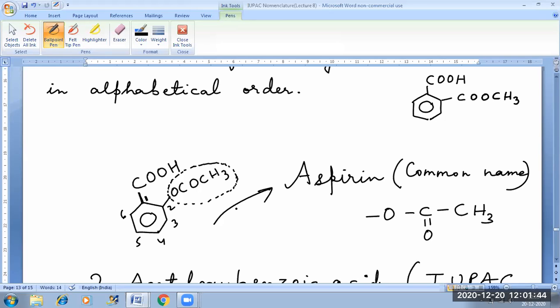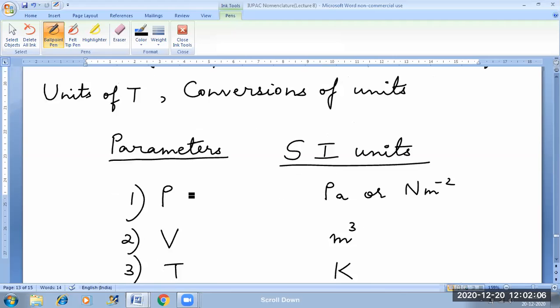Is there any difference between this compound that I've drawn here and aspirin? So the substituent there is an ester. Even here the substituent is an ester only, no? OCO is also an ester only. So the location of oxygen. Yes. So these are not the same. Why are these not the same? I'll show you that now. That I'll show you here.